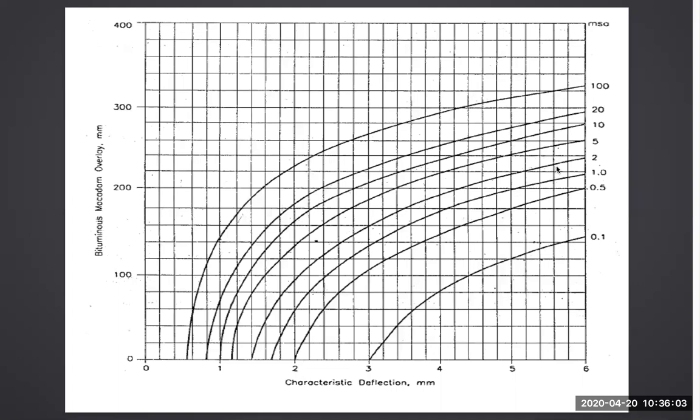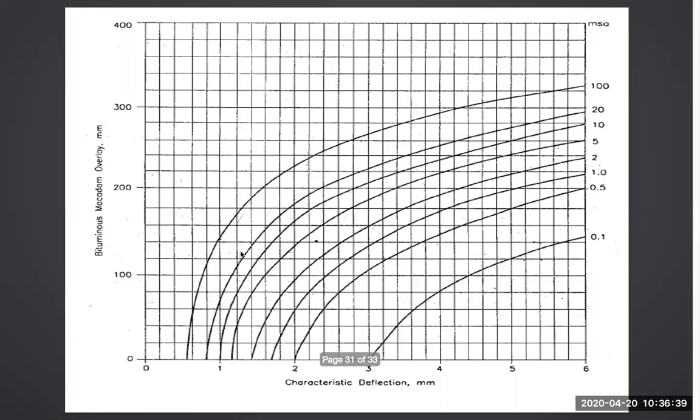If my traffic is 5 MSA and I got 2 as my characteristic deflection, just take this and cut the curve of 5. Then we can find the overlay thickness. It will be somewhere around 130 mm BM overlay. This is how we find the overlay thickness through BBD studies.